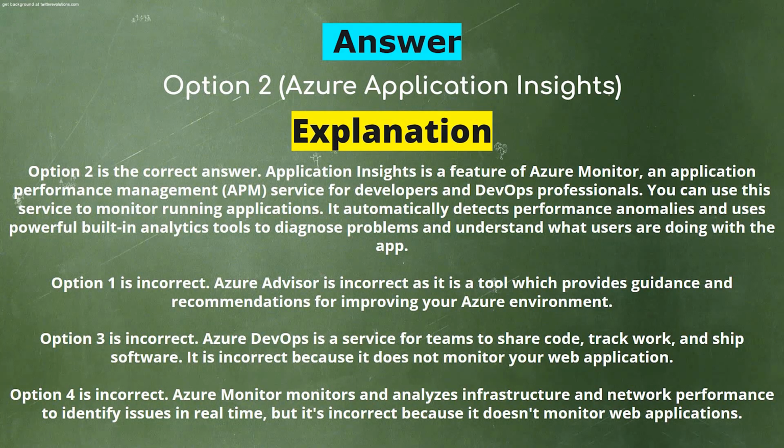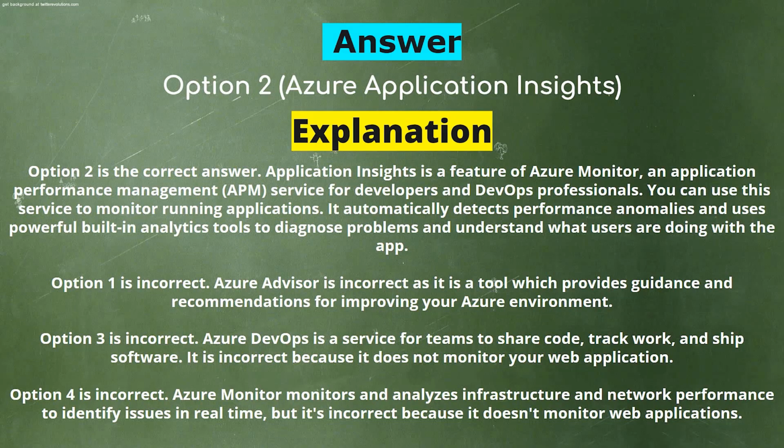Explanation. Option 2 is the correct answer. Application Insights is a feature of Azure Monitor, an application performance management service for developers and DevOps professionals. You can use this service to monitor running applications. It automatically detects performance anomalies and uses powerful built-in analytics tools to diagnose problems and understand what users are doing with the app. Option 1 is incorrect, as Azure Advisor is a tool which provides guidance and recommendations for improving your Azure environment.